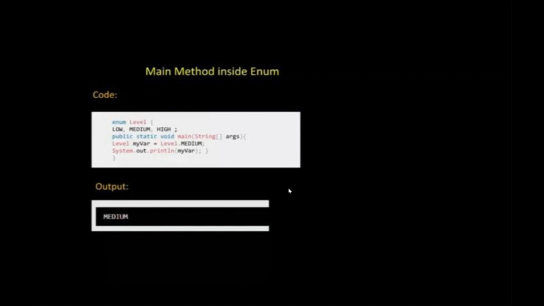This is similar to initializing any other variable. In the code above, we initialize the level variable and assign one of the values of an enum.